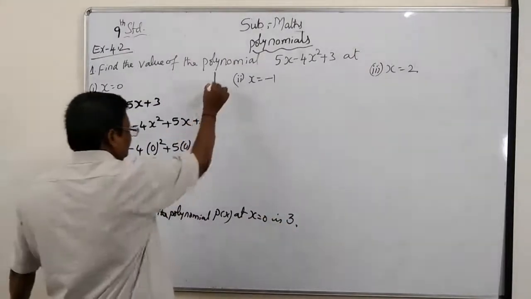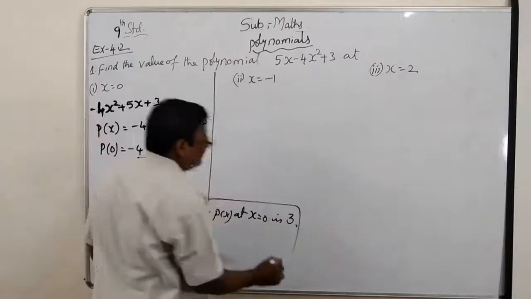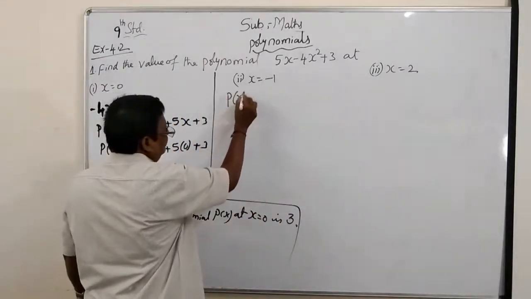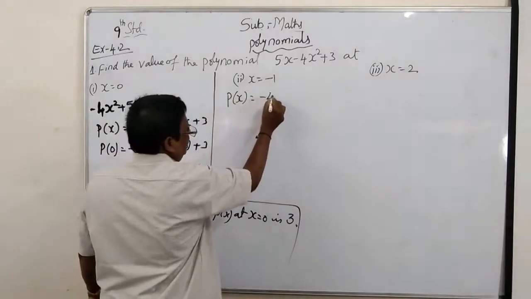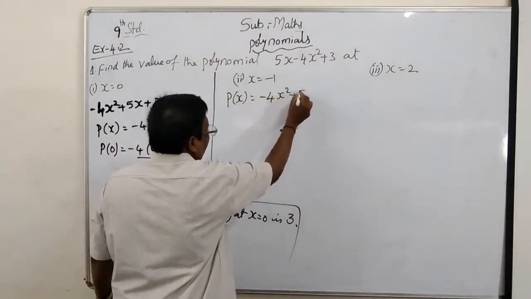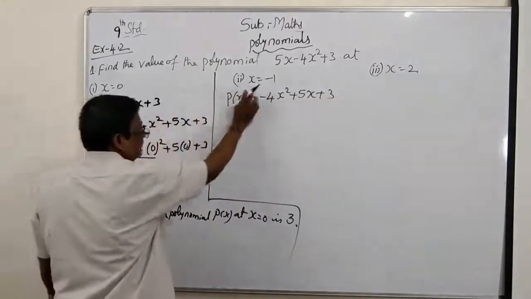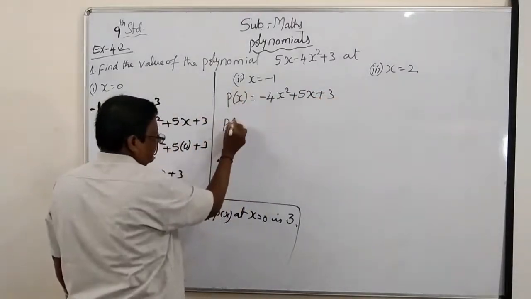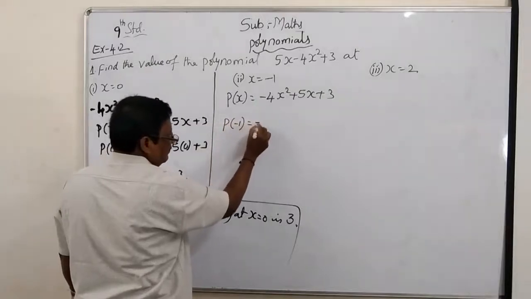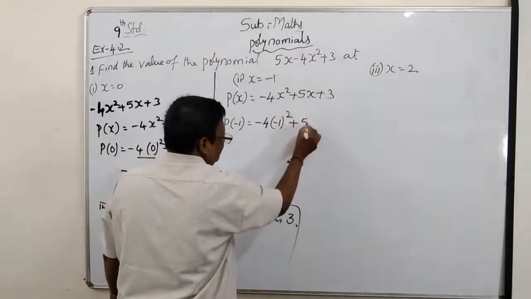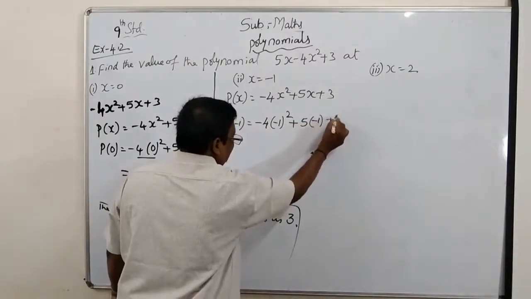Next, second one. See here, same polynomial p of x is equal to minus 4x square plus 5x plus 3. Here x is equal to minus 1. P of minus 1 is equal to minus 4 bracket of minus 1 whole square plus 5 bracket of minus 1 plus 3.